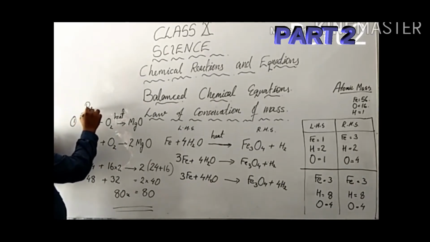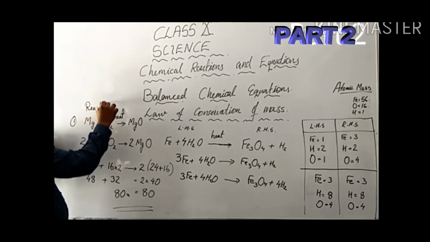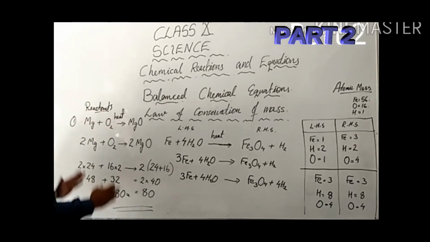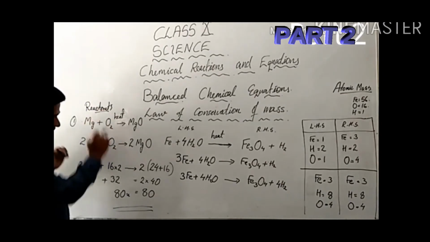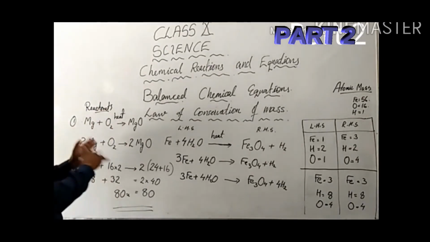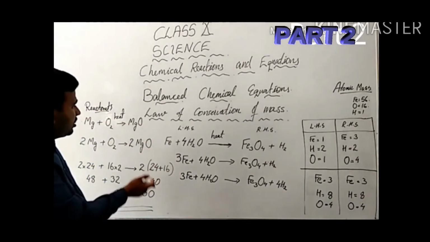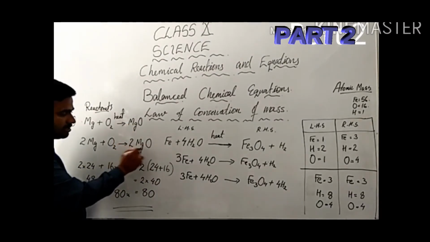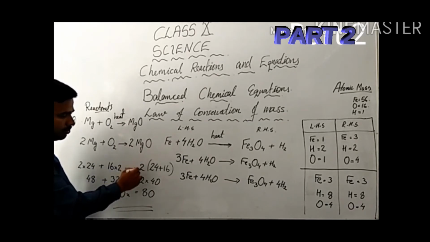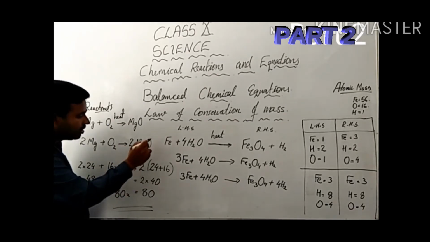The total mass of the reactant side, that means towards the left hand side of this arrow mark, becomes 80U. So what about the right hand side? When you look at 2MgO, according to the balanced equation, the 2 is common for both magnesium and oxygen.